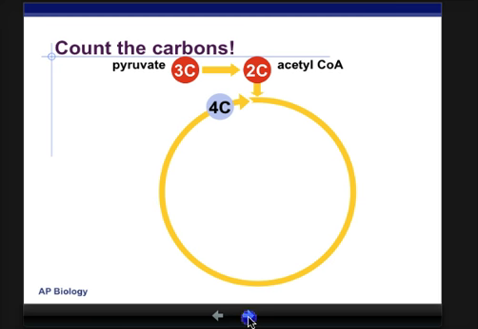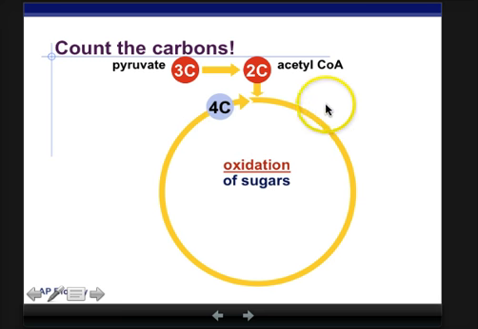It's going to get joined by a 4-carbon molecule there. This is the oxidation of sugars. So then, believe it or not, we're going to proceed with a 6-carbon molecule through the rest of the Krebs cycle. And that's called citrate or citric acid. And so that's why we call this the citric acid cycle. And I'll show you where this 4-carbon one comes from in a second.